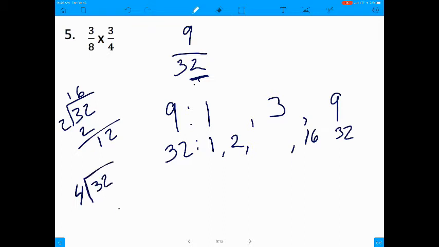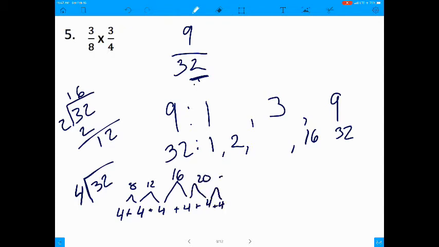Let's count. 4, 8, plus 4 is 12, plus 4 is 16, 20, 24, 28, plus 4, 32. 1, 2, 3, 4, 5, 6, 7, 8.